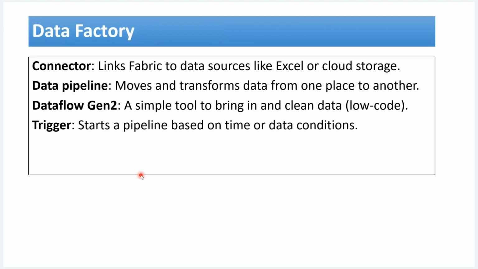Now after that, data factory. In the data factory, this is the terminology which we will use. Connectors allow us to connect to any external data source, like your Excel, your on-premise SQL, or your Azure SQL, whatever it is. In Microsoft Fabric, there are 300 plus connectors.